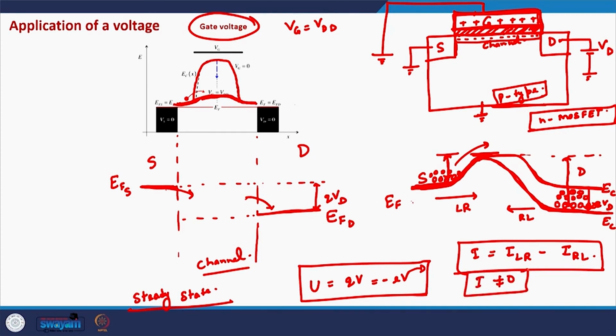And if you remember the p-n junction IV characteristics, the current is directly proportional to the barrier height.